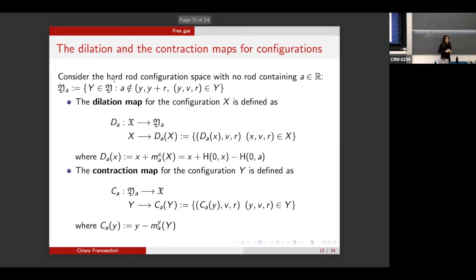And similarly, the contraction, which goes from the hard rod set to the free gas set, is y minus the mass between the point A, with respect to which you are shrinking, and the point y. Okay, so this is a way to go from the free gas to the hard rods.